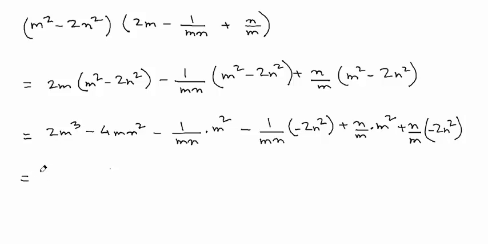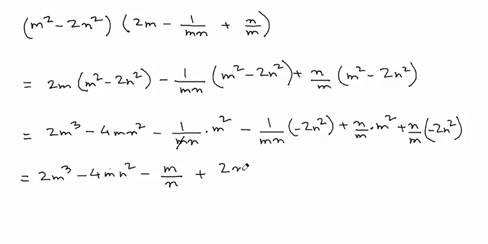This is going to be equal to 2m cubed stays the same, minus 4mn square, no change on that. Like I said, this m crosses off with one of the m's from the numerator, so we have a minus m over n here. A negative times a negative is a positive. There's a 2 on the top. This n crosses off with one of the n's on the top.